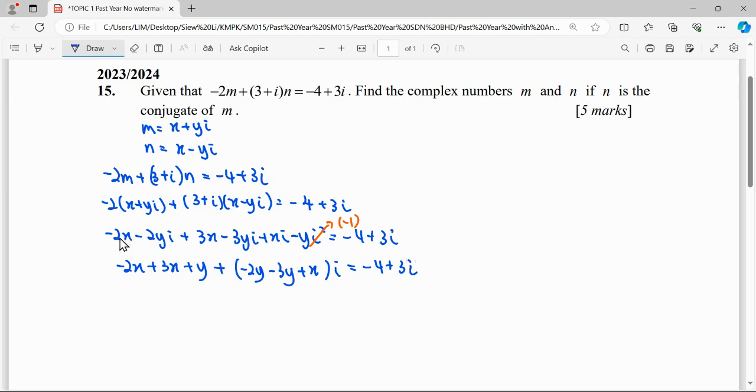Simplify our real part here, we can see this is x plus y. And then the imaginary part, x minus 5y.